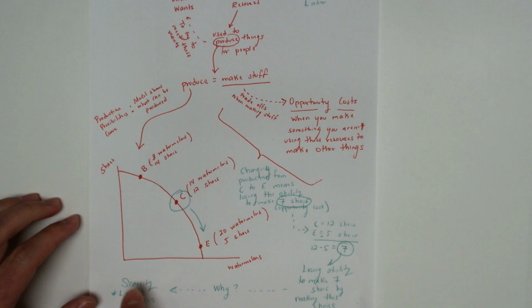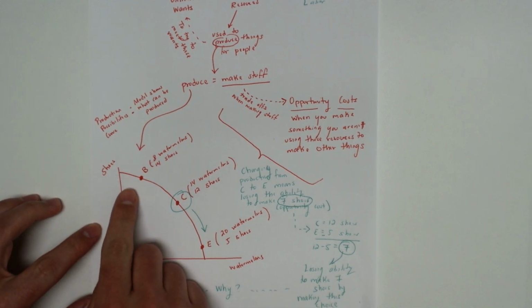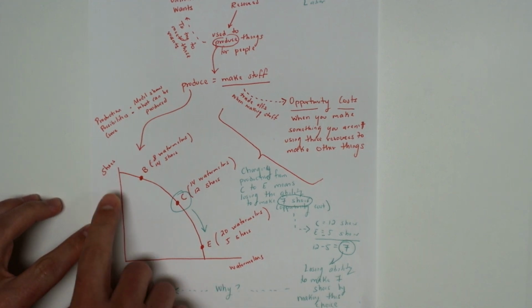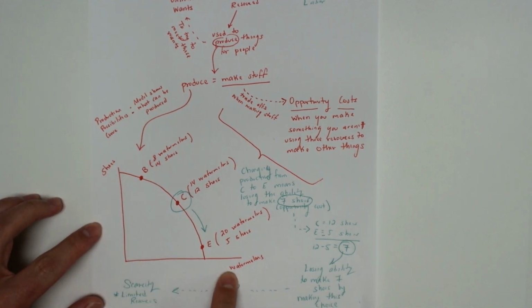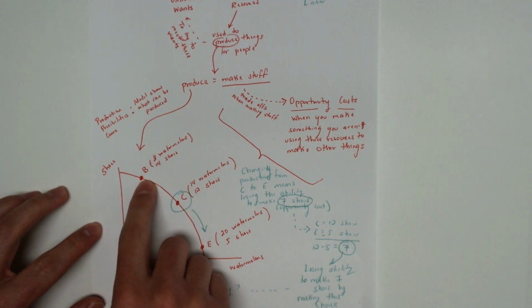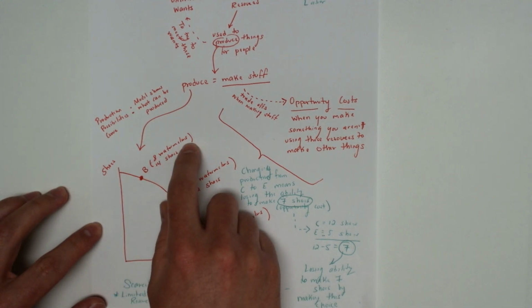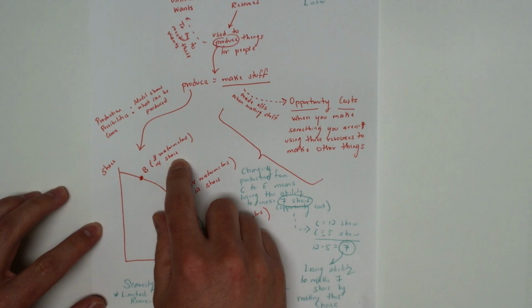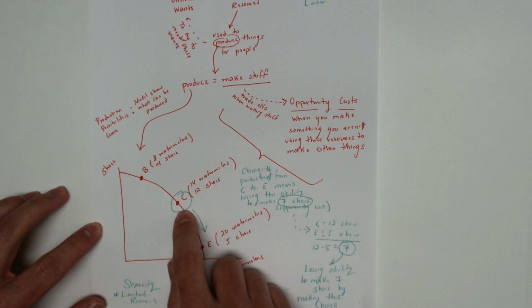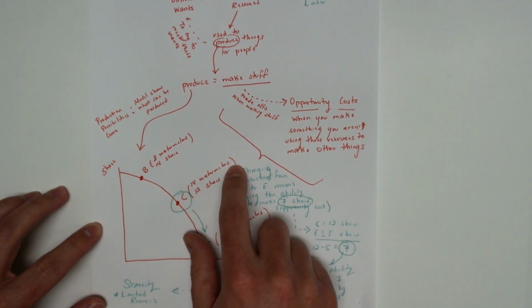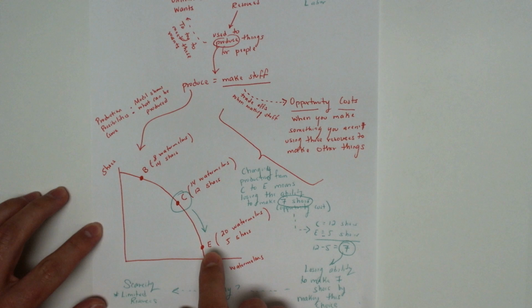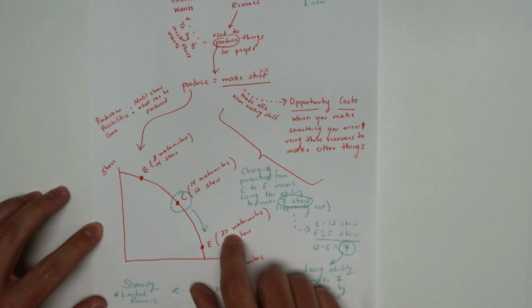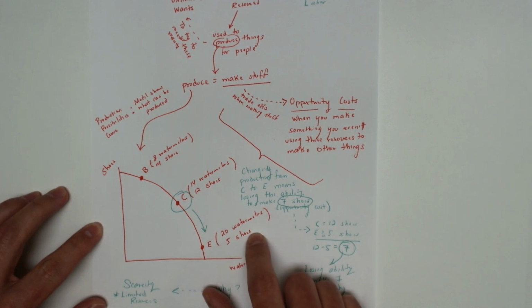So we have three different combinations of shoes and watermelons that we can produce. In combination B, we're producing 8 watermelons and 14 pairs of shoes. In combination C, we're producing 14 watermelons and 12 pairs of shoes. And in combination E, we're producing 20 watermelons and 5 pairs of shoes.